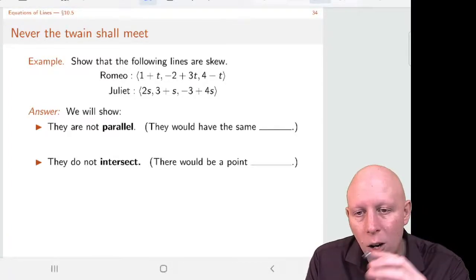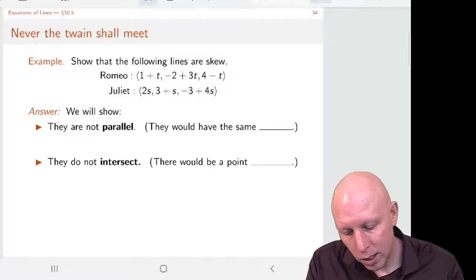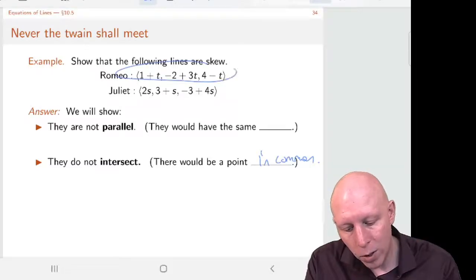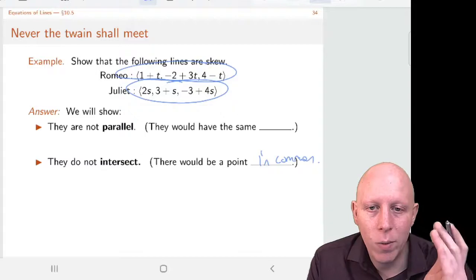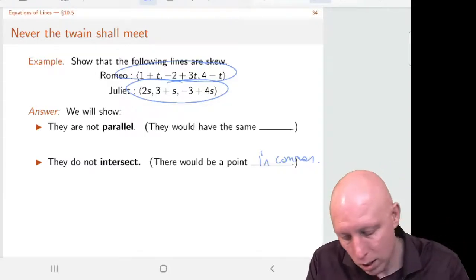So how would you know if things intersect? There would be a point in common. So we have an equation for this line, and an equation for this line. There would have to be a point that's equal.